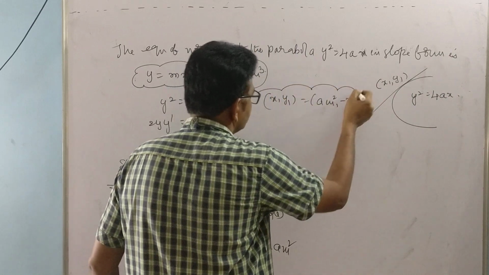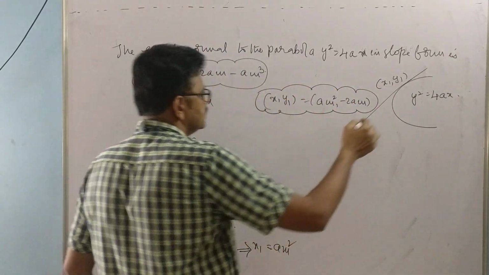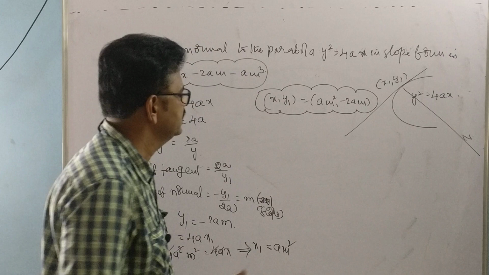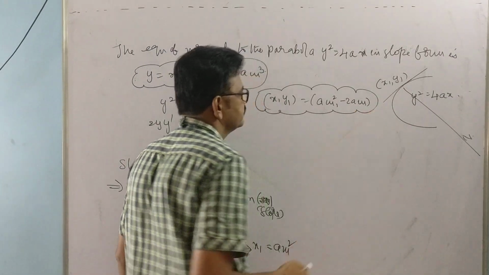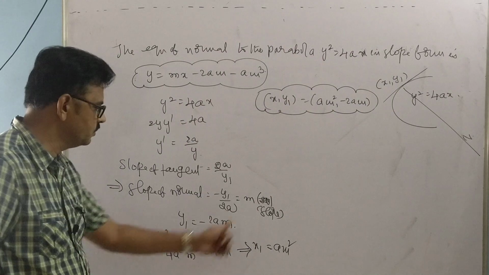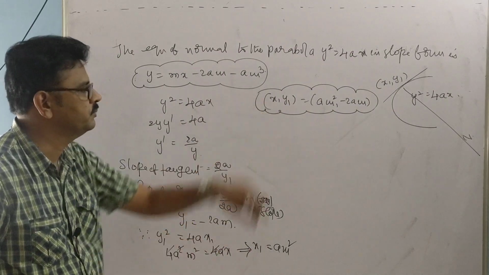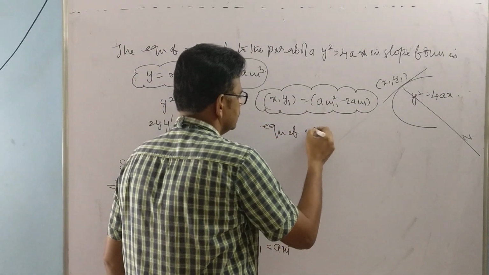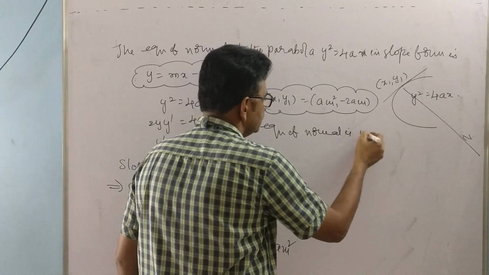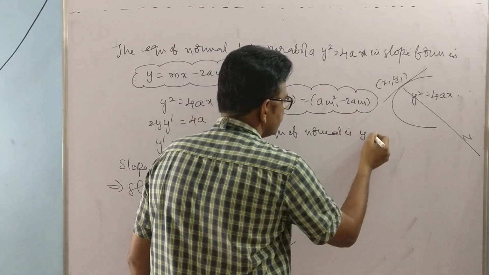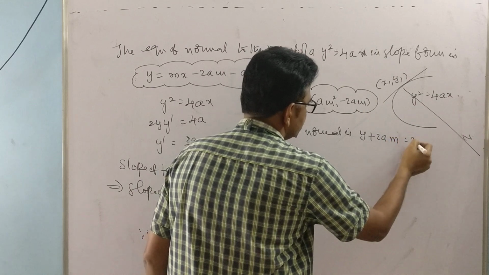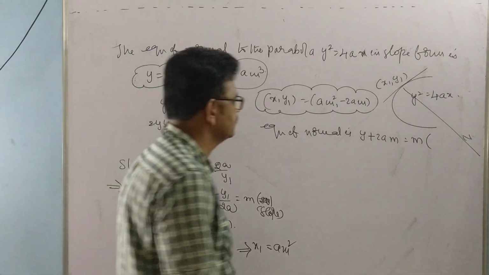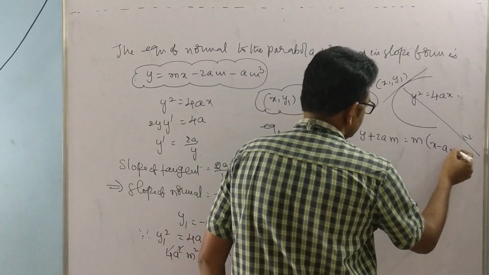So this is the foot of normal, am square comma minus 2am. Now the slope is m and this is the point. So the equation of normal is y minus y1, that is y plus 2am, is equal to m into x minus x1, x minus a m square.